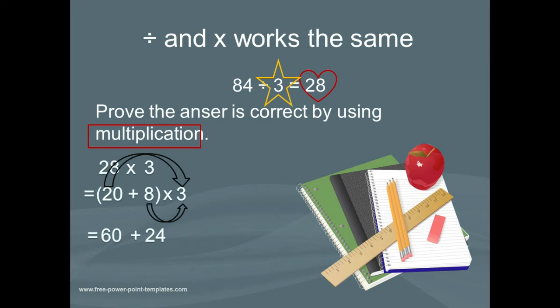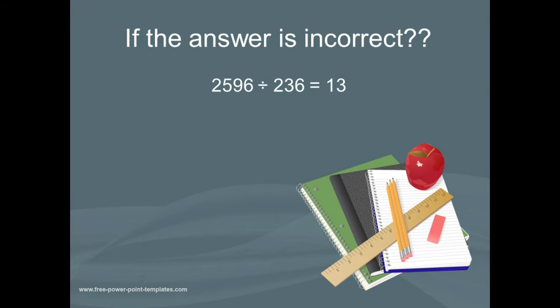Now I just add these two numbers together, and my answer will be 84. And once again you will see that the number that is remaining in my sum is the answer that I got. So once again it's the same, and that is the end of your sum, and you will get all of your marks.